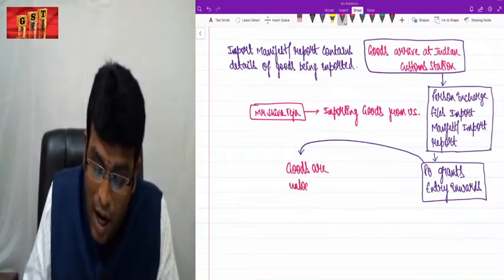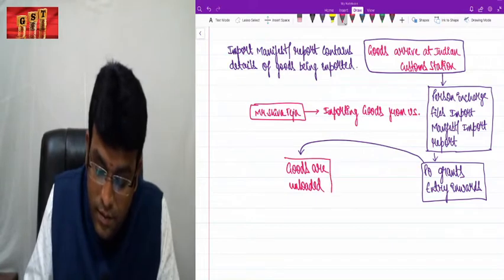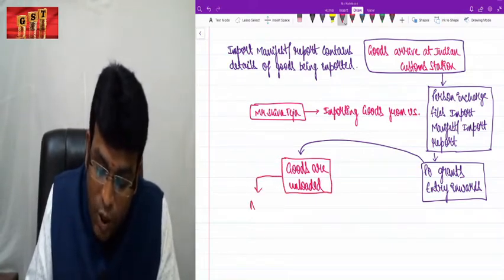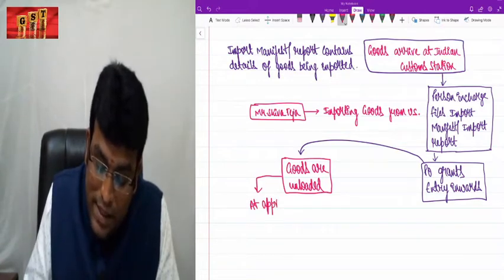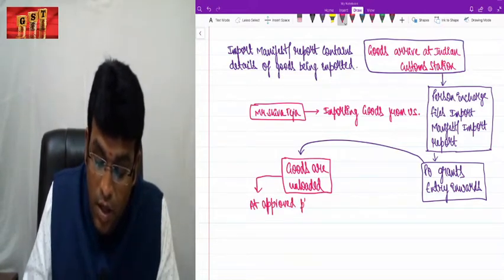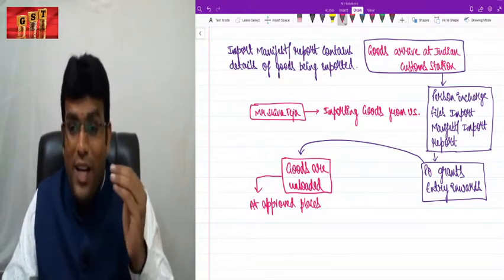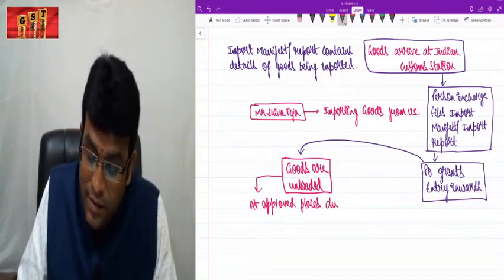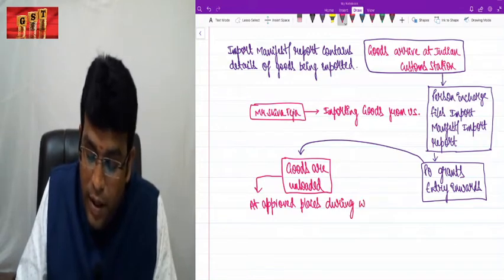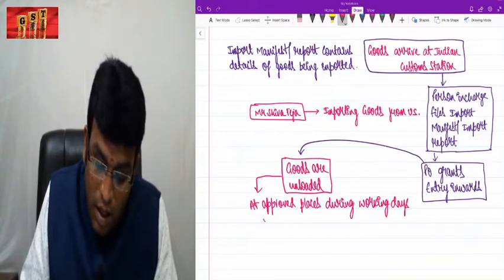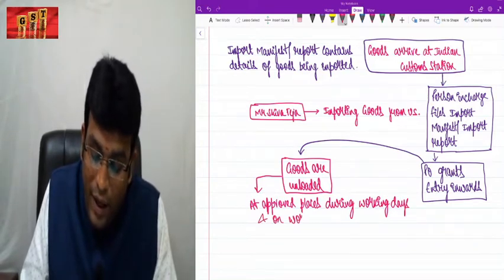goods are unloaded. And always remember, my dear friends, goods are always unloaded at approved places during working days and on working hours.